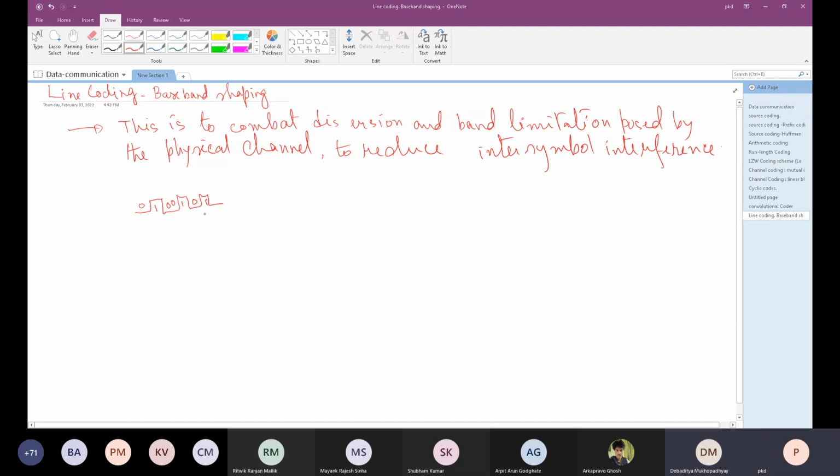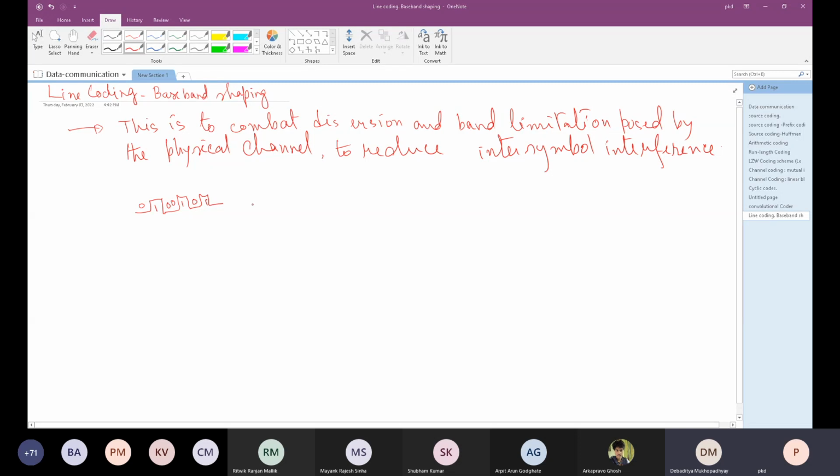So this is in the baseband. Now in the carrier band, of course, this may not correspond to any voltage, or this kind of shape may not be available. There it could be frequency modulated, phase modulated, etc. So the signal characteristics will be changed.